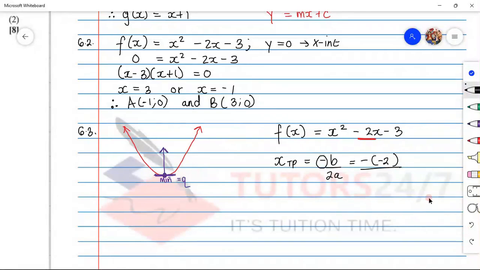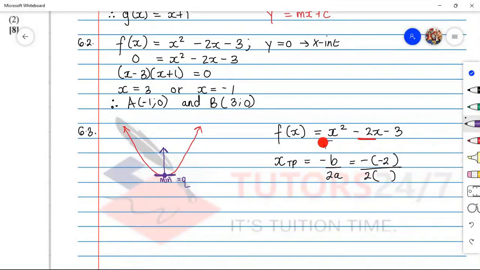Always remember to first bring down the negative, then substitute -2. If you were to just bring down -2 only, that would affect your final answer. The sign of your final answer would be wrong. So always step number 1, bring down your negative, then substitute your b value. Now we bring down the 2.